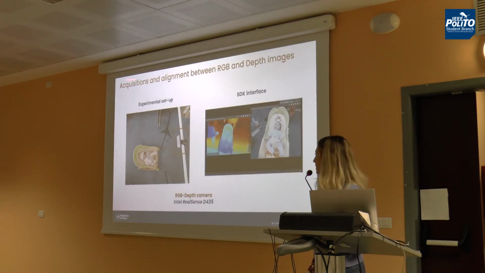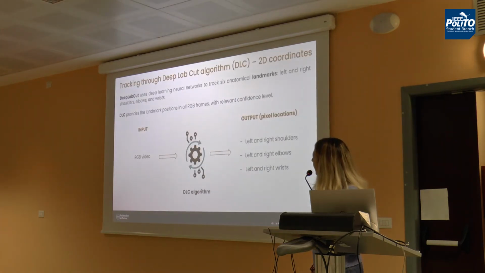And this is the experimental setup. A baby sitting in a chair is placed in front of the camera, that in this case is the Intel RealSense D455, so it's different from the previous one.